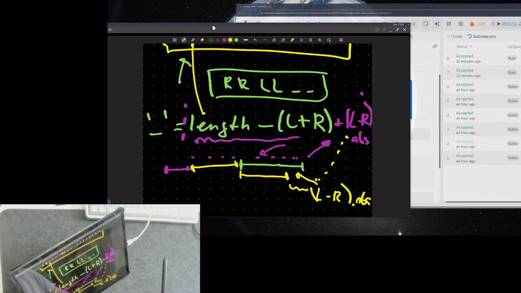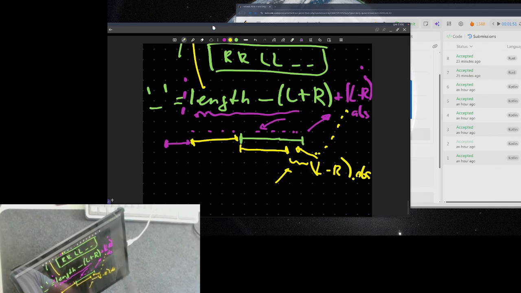So geometrically we can say that this part is yellow, green plus yellow, and minus 2 yellows, because if you look, this is 2 yellows.